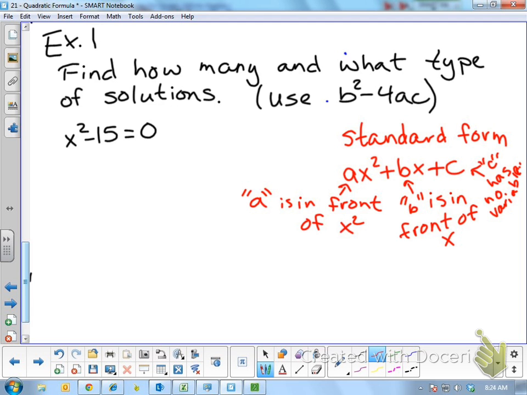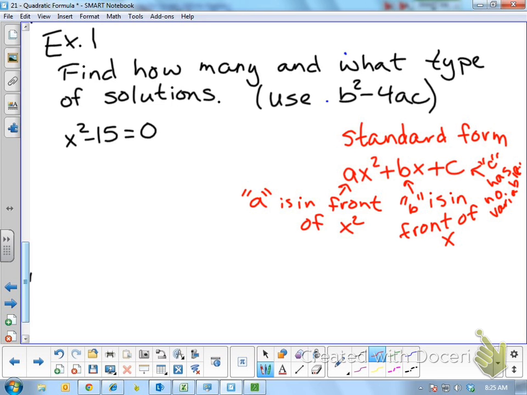Okay. So it has to be those things. It's not just about being in that order. It's about being in front of x squared. Being in front of x. Having no variable. So if we look at our equation, x squared minus 15, the reason I was so specific with what a is, what b is, what c is is because x squared minus 15 is missing some stuff.